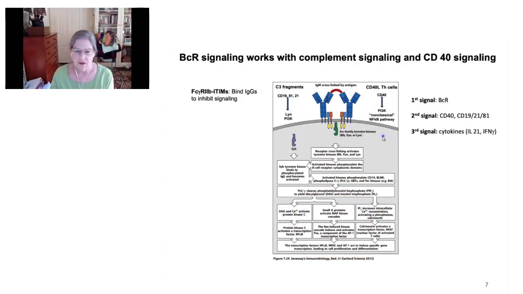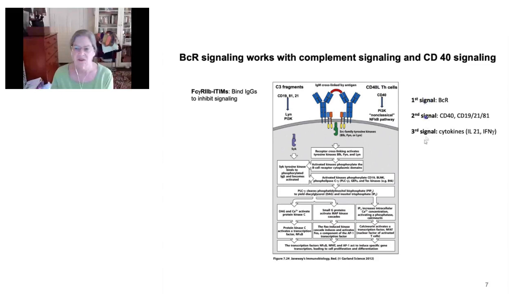So I don't want to go through all this, but there's an ornate signaling complex that's going to end up activating multiple transcription factors, and just pretty much the exact same endpoint in some ways as a T cell. So NF-kappa B, NFAT, and AP1. I won't go through all this, but the point is that you're getting cross-linking by antigen. And remember, with signaling, we always have signal 1, signal 2, and signal 3.